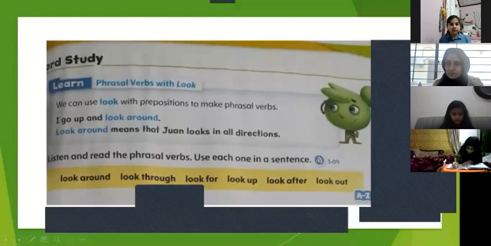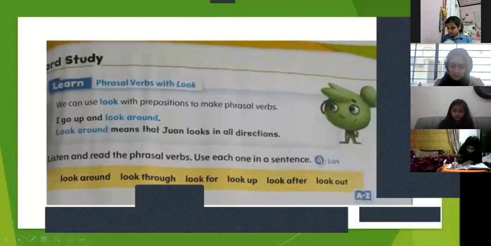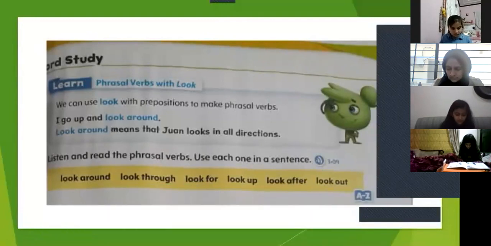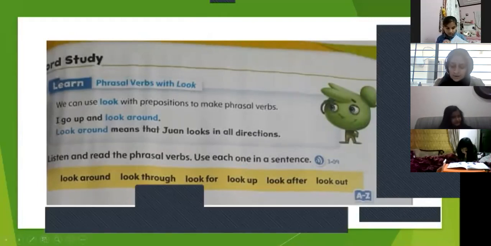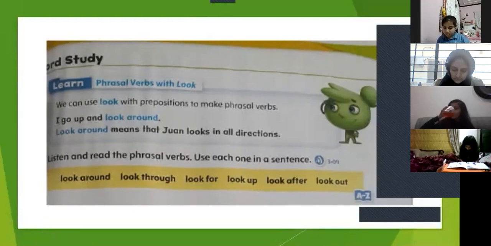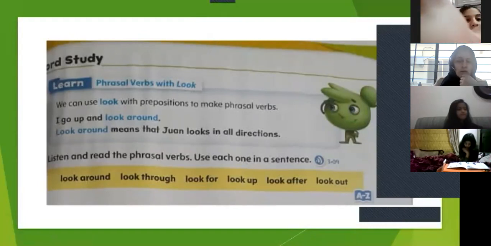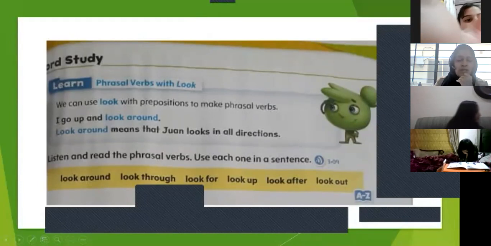Write down today's day, date, and classwork, all of you.